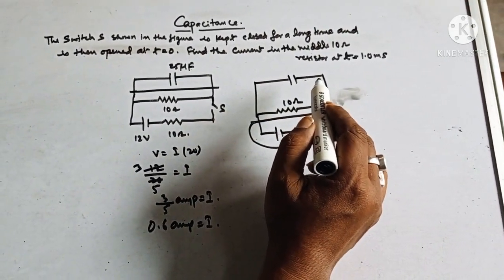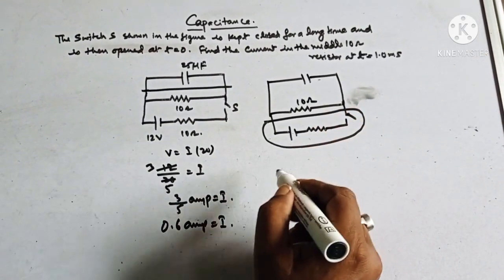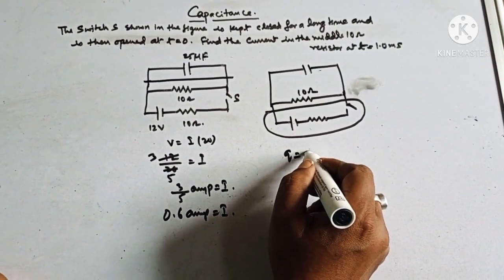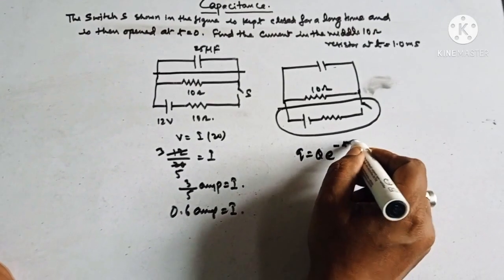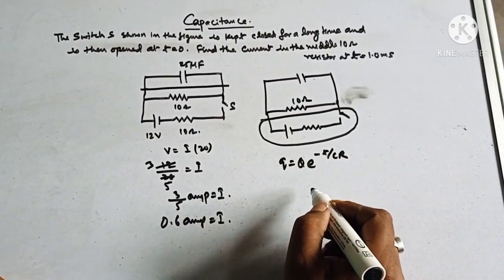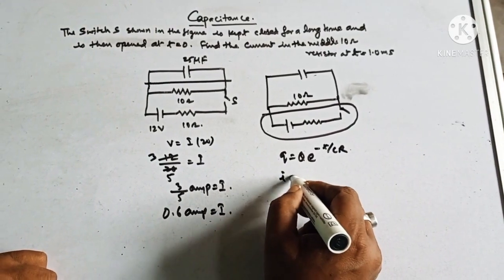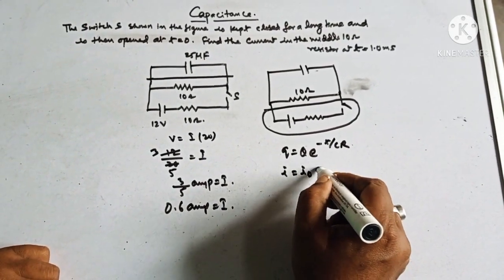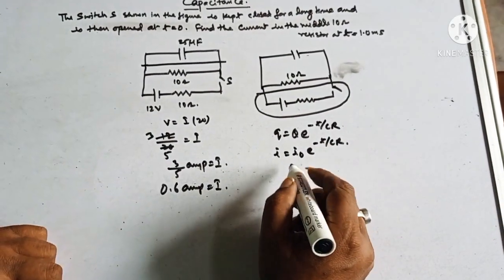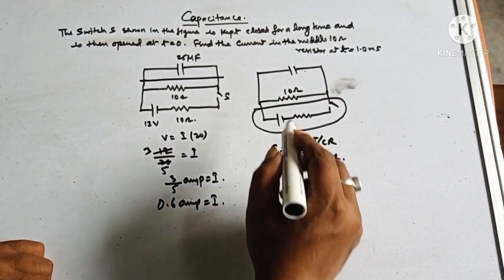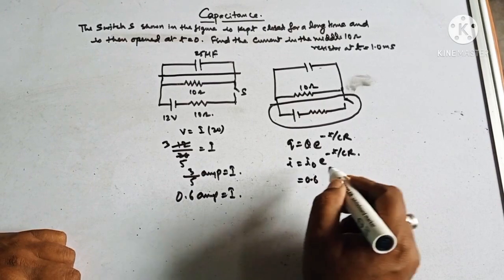So here it is also I = I0 e^(-t/CR). Here I0 is the earlier current, 0.6 ampere, that was flowing through it.